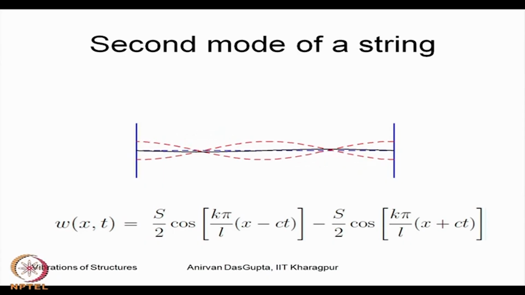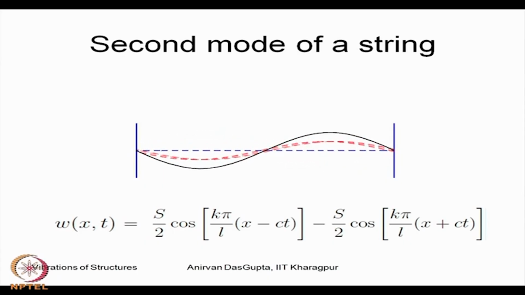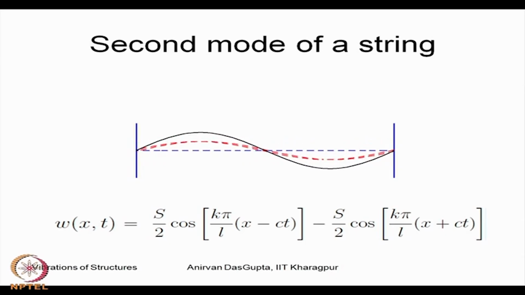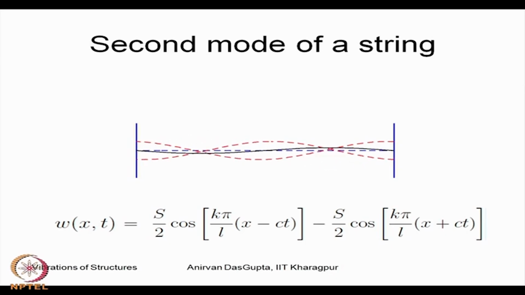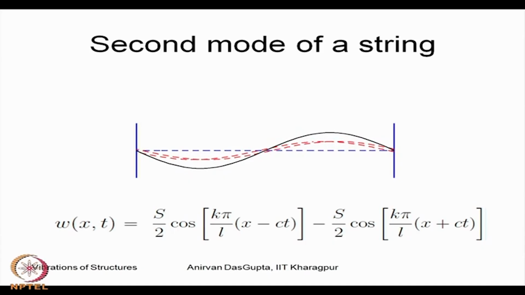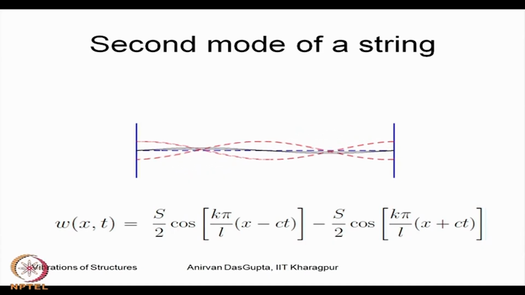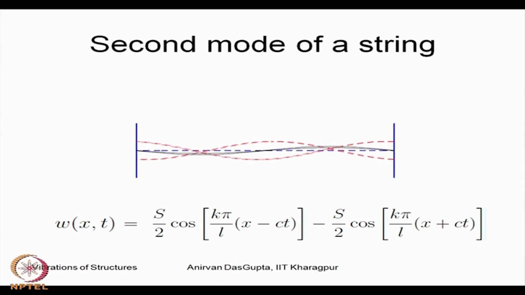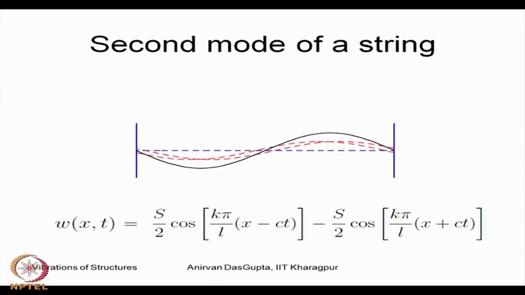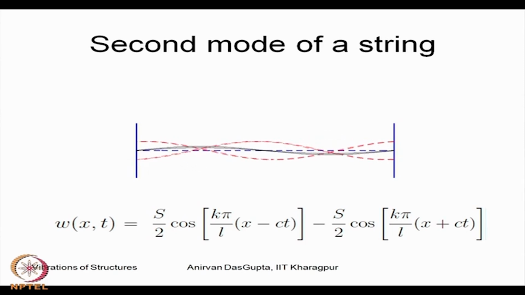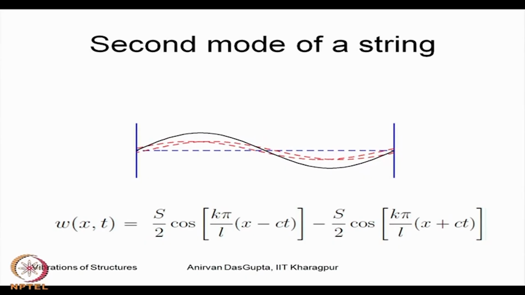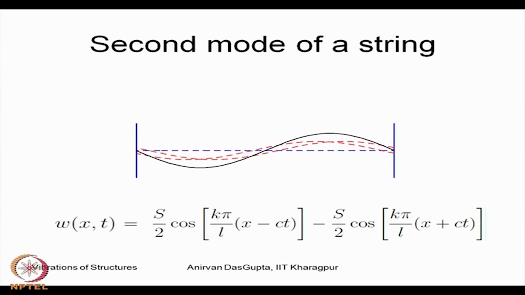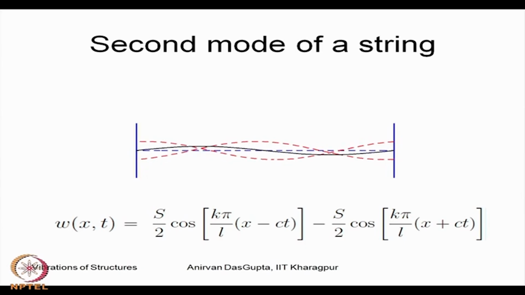So, like this you can understand various modes of the string as superposition of two travelling waves, one in the positive direction, the other in the negative direction. And these two waves do not satisfy the boundary conditions as you can see.